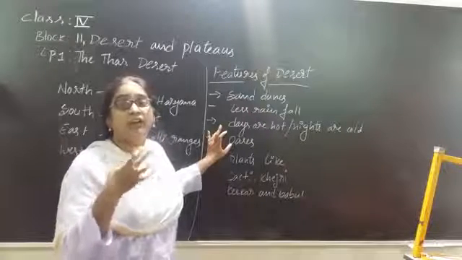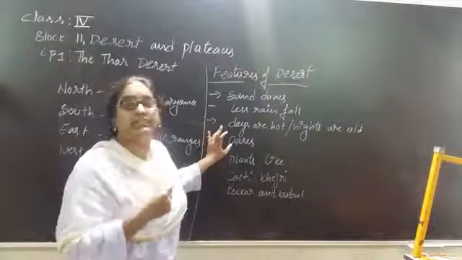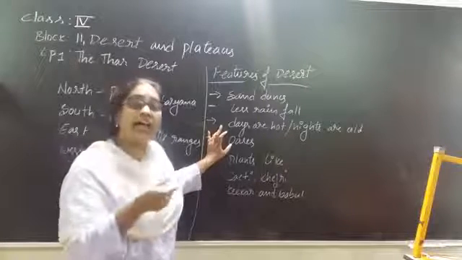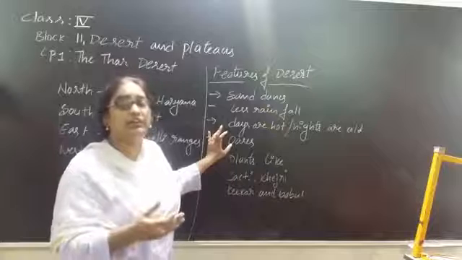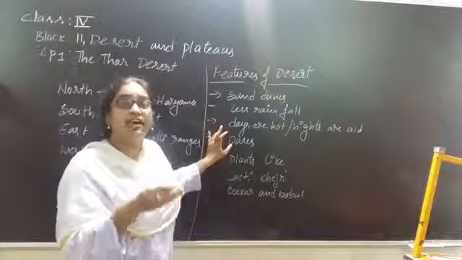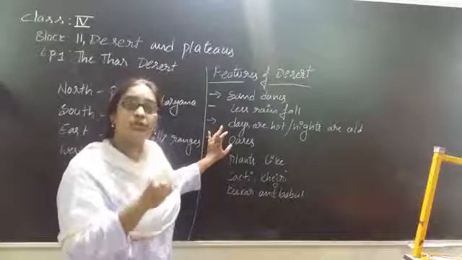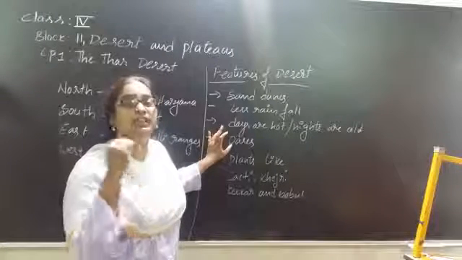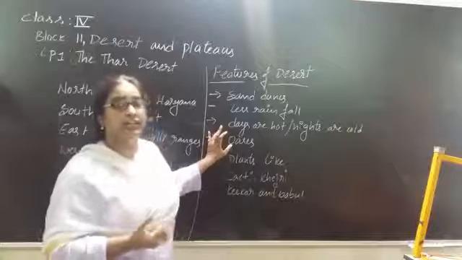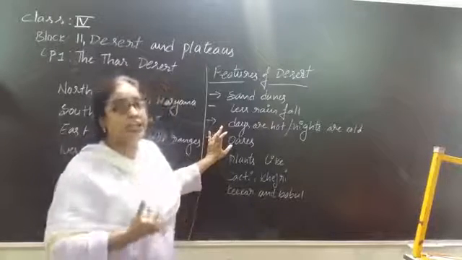The days are very hot, and the sand has a quality that it quickly absorbs heat and also cools down just as fast. That means in the desert the days are very hot, and due to the quality of getting cold very fast, the nights are very cold. In the desert, days are very hot and nights are very cold.